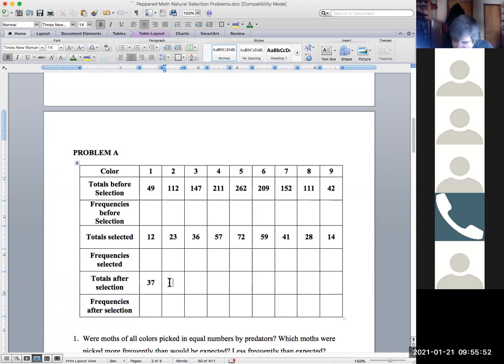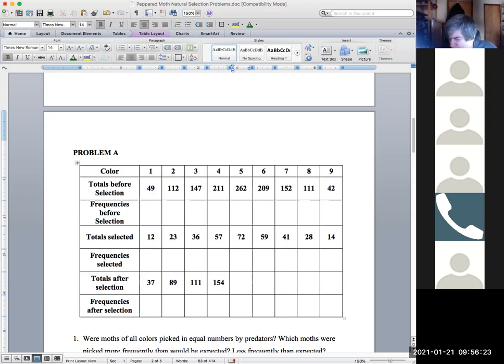So when we're done, we have 89 left. We started out with 147 in the number 3 category. 36 get eaten, so there's 111 left at the end. We started out with 211 number 4s, 57 got eaten. There's 154 left now.